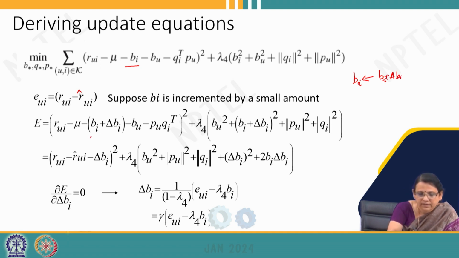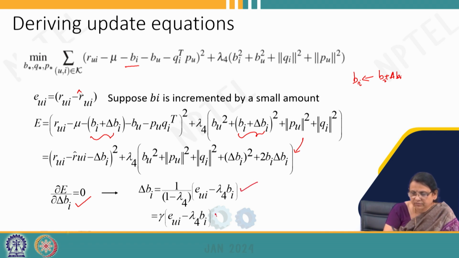So, let that delta Bi be here. So, this original equation with respect to now Bi is getting incremented by this delta Bi, and moving ahead, this is simplified, and when we take the partial derivative with respect to delta Bi, so delta Bi turns out to be this.